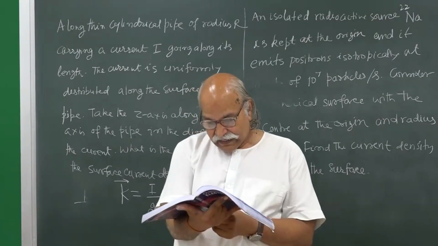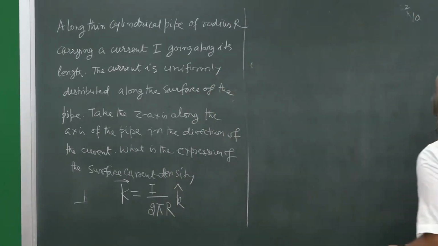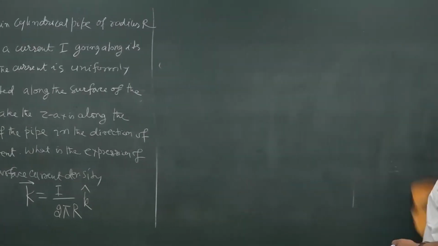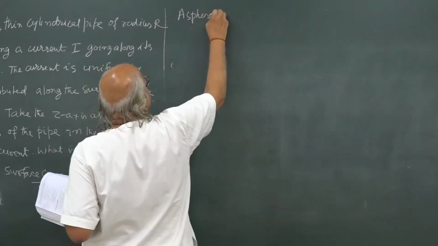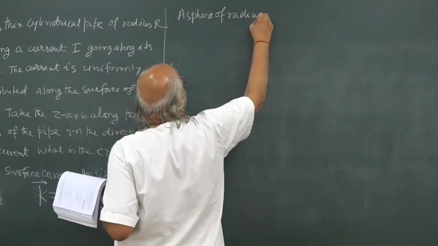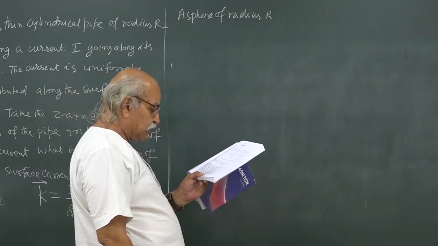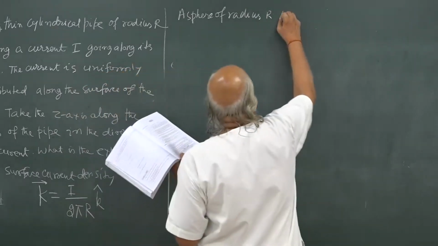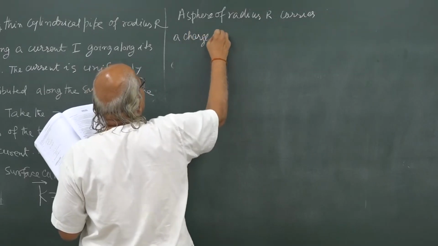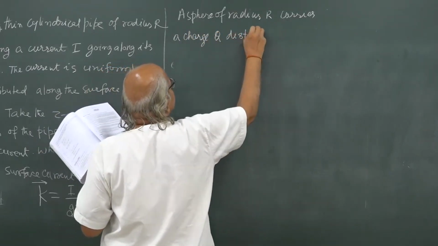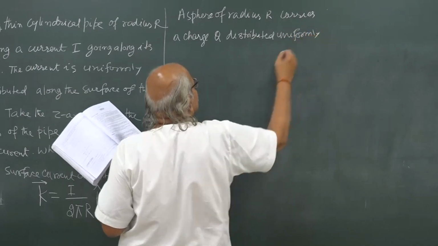Now, the next one is a sphere of radius R that carries a charge capital Q uniformly distributed on its surface.